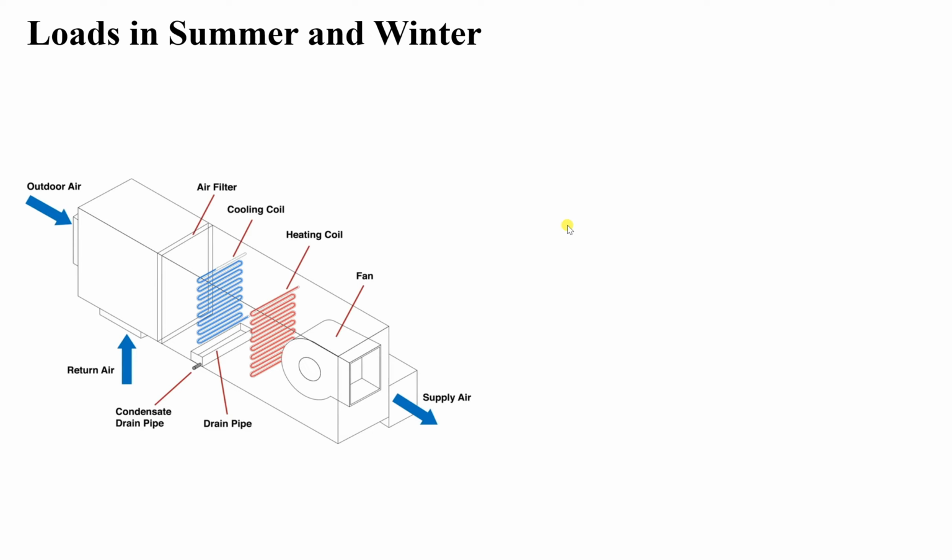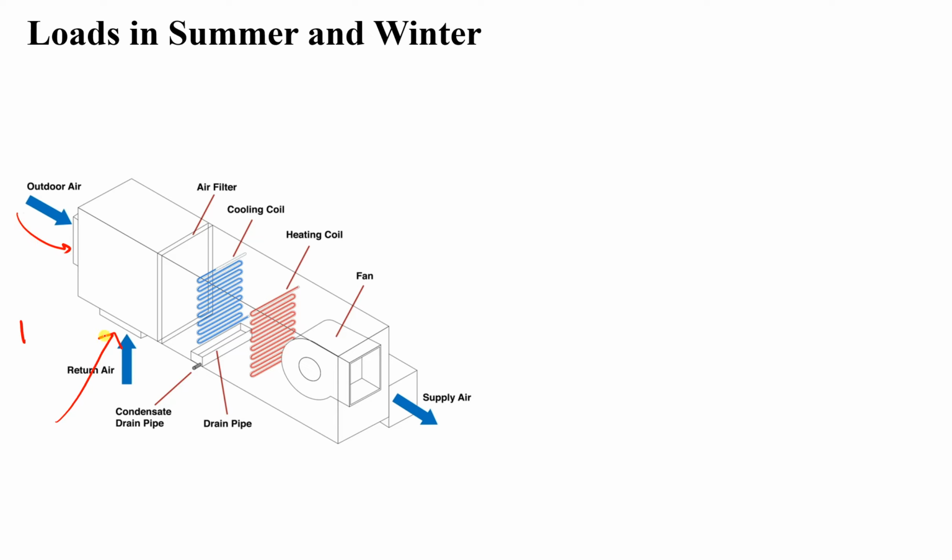So what we found is that here in our air handling unit or fan coil unit, this is pretty important. You'll find that we have return air, right? And we can also have fresh air.